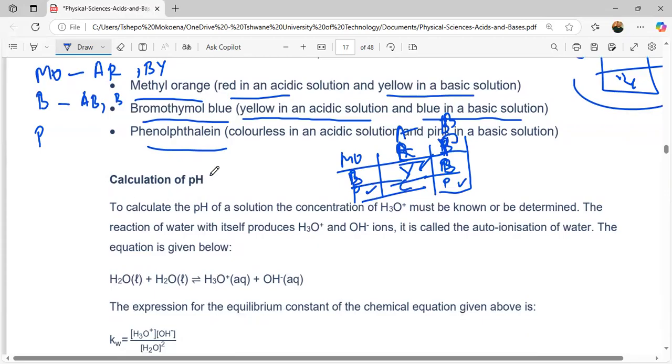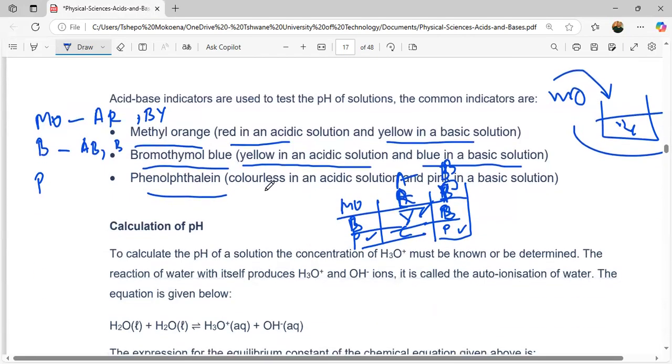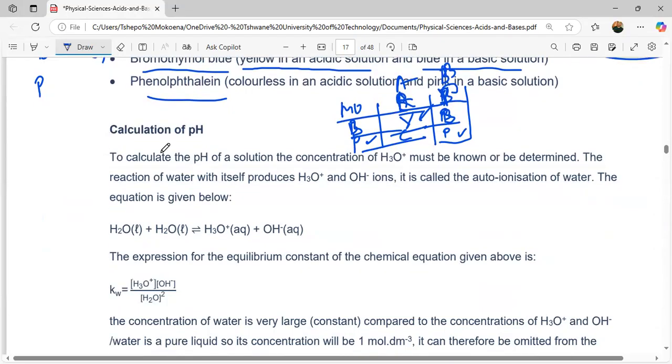And now, as much as we spoke about the indicators, I want us to talk about the calculations of pH. To calculate pH, there is a formula like this. This formula will help you to calculate pH.